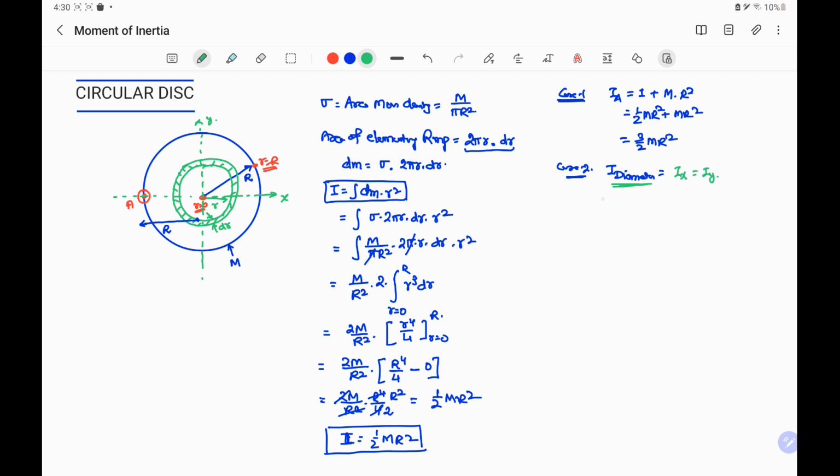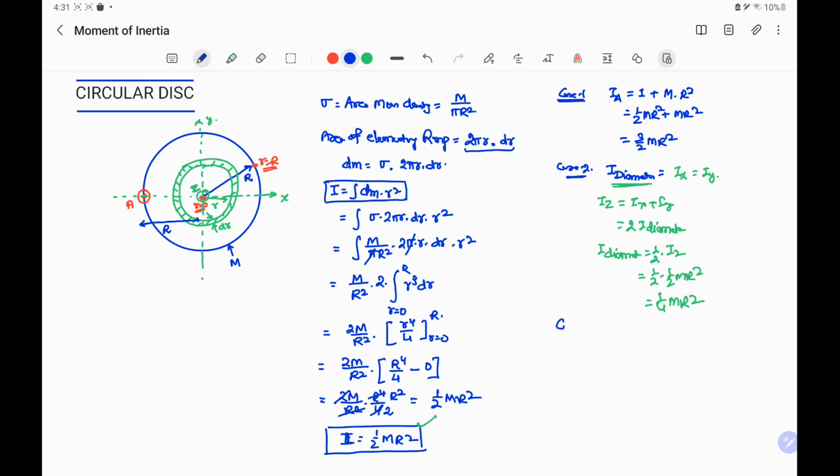And using the perpendicular axis theorem, we can write that Iz, through the center of the disk and perpendicular to the plane of the disk, is equal to Ix plus Iy, and we can write it as 2 I diameter. Therefore, moment of inertia about diameter will be equal to half of Iz, and Iz we have calculated as half m r square, so it is half into half m r square, and it is equal to 1 by 4 m r square.